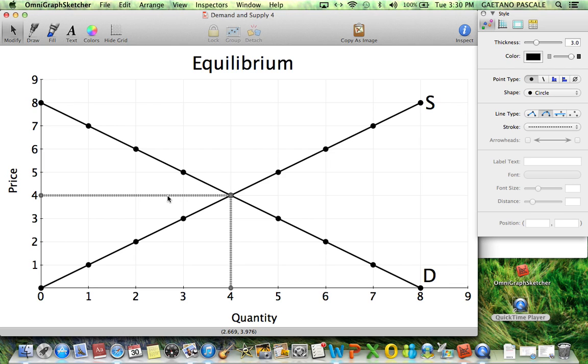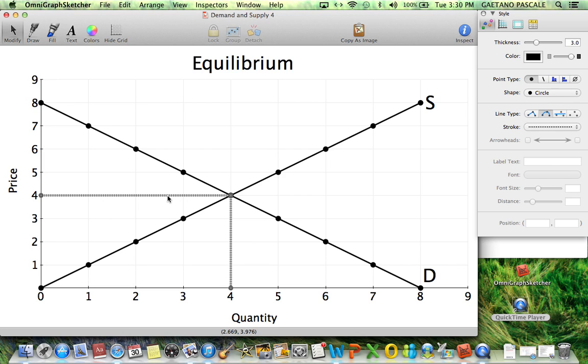This price is oftentimes referred to by economists as the market clearing price. The reason for this is that at that price, the quantity supplied is equal to the quantity demanded. At a price of 4, the quantity supplied is equal to 4, and the quantity demanded is equal to 4.